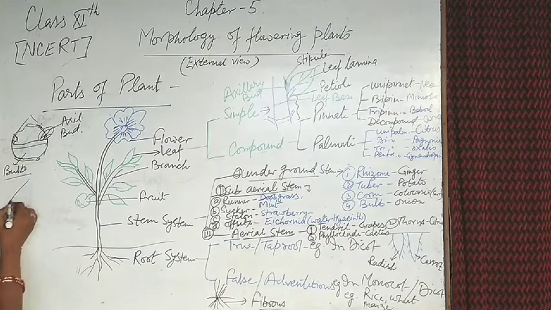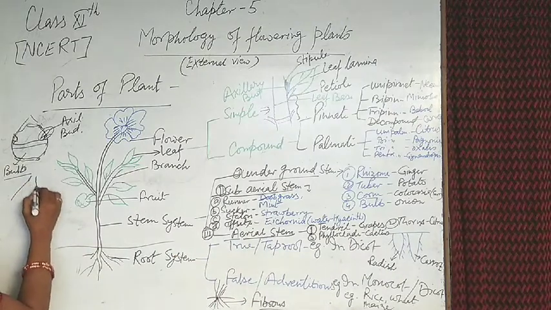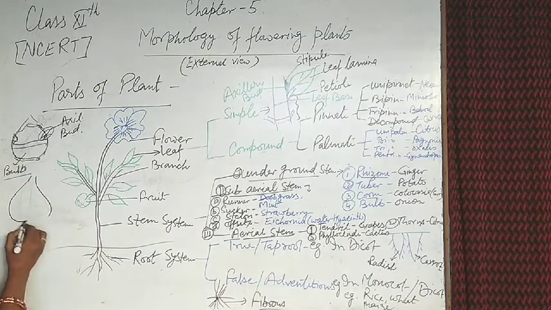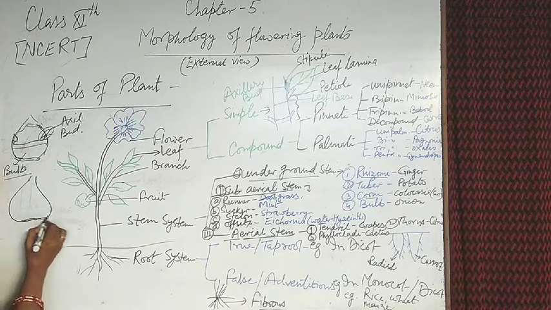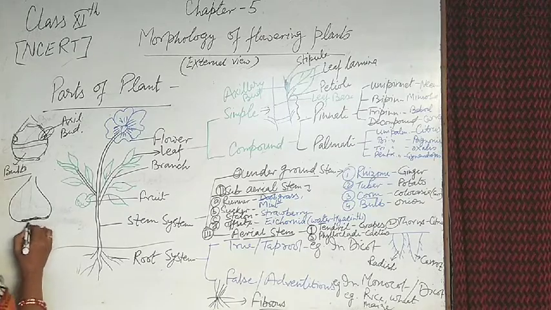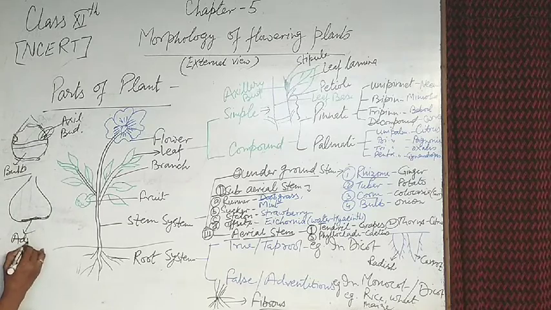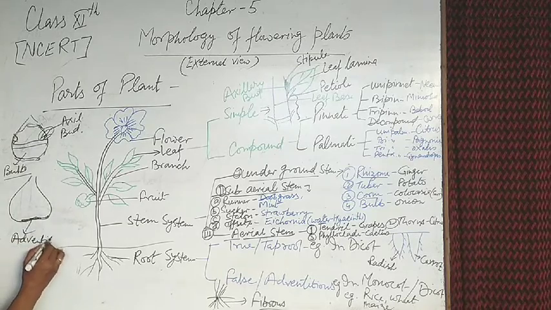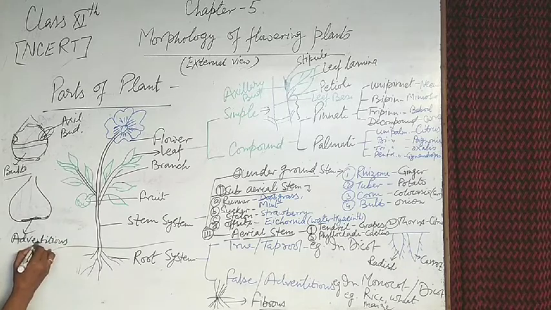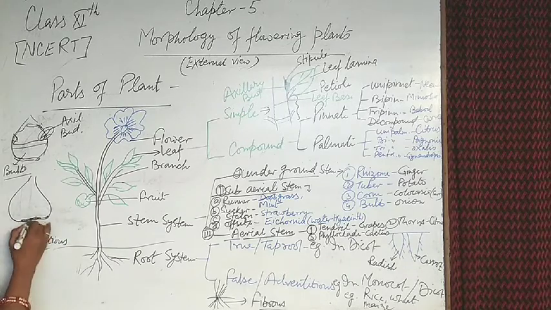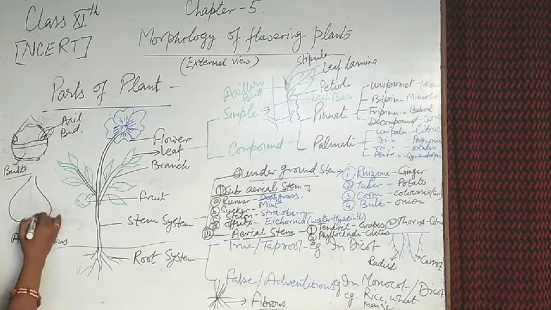Onion has scaly leaves. The lower part has rudimentary adventitious roots.